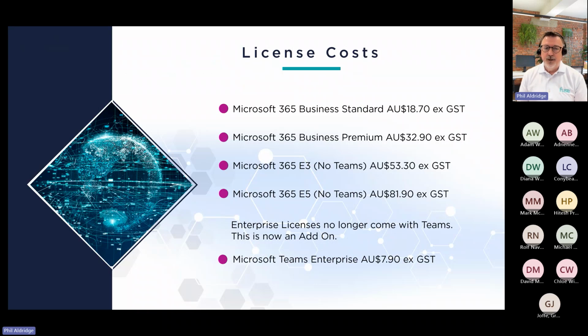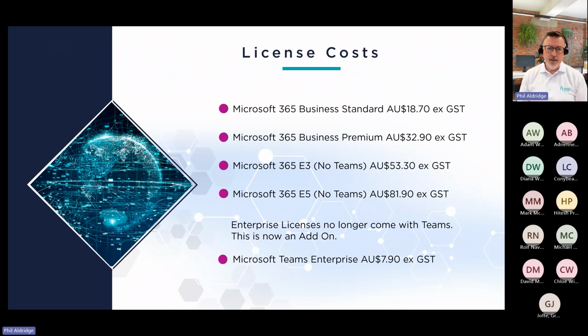I'm going to try and explain what the differences are between all of this. But just understand that an E5 license is getting close to triple what a business premium license is. And they are, to all intents and purposes, very similar in terms of what they give you. There are nuances between the two, but they are very, very similar solutions.